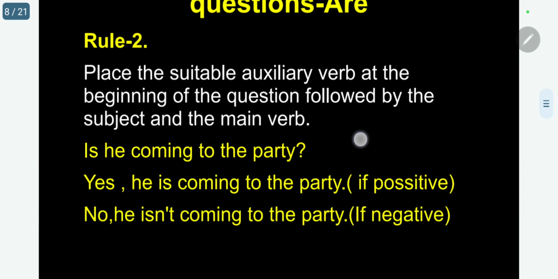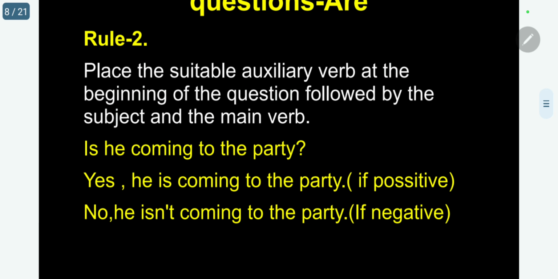Rule 2: Place the suitable auxiliary verb. Please follow, this is most important. Place the suitable auxiliary verb at the beginning of the question, followed by the subject and the main verb. Depending upon the subject, you have to use the proper auxiliary verb.